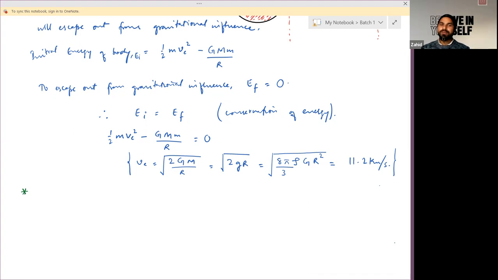Next, there is no information regarding the direction of projection. So if you throw in any direction at any inclination, you will require only this much velocity, that is 11.2 kilometer per second only. So it will be independent of the direction of projection of the body. Is it clear?